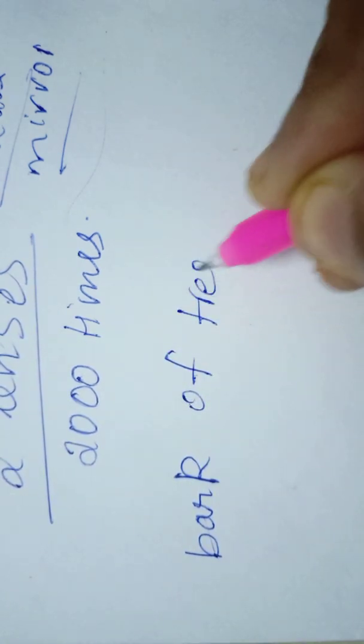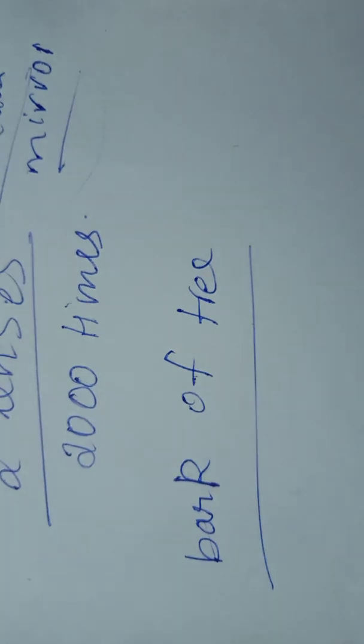Bark of tree means, if you see the tree trunk, the stem of the tree will be there in brown. If you cut it, it will come like a patch. I hope you have understood what I am trying to say. The peel of the tree, the brown-colored rough part of the stem, is the bark of the tree. You can ask Google.